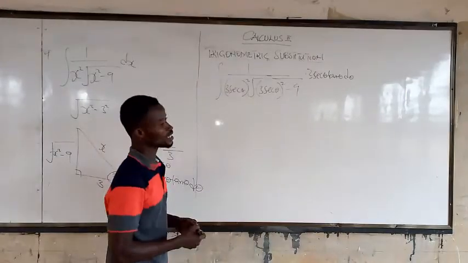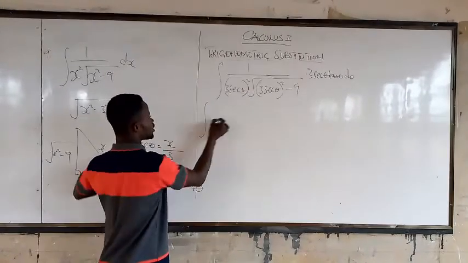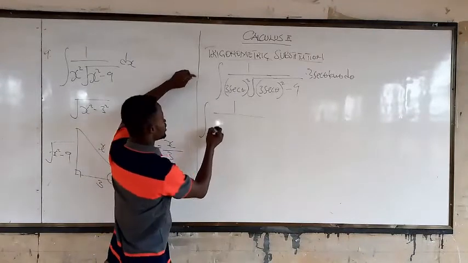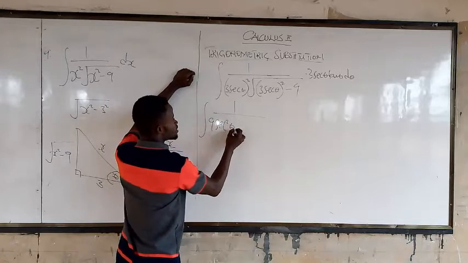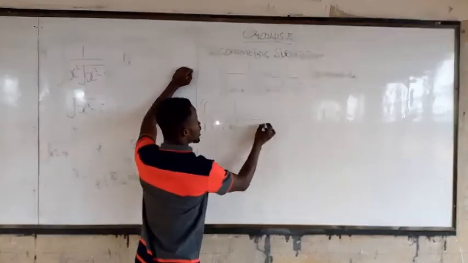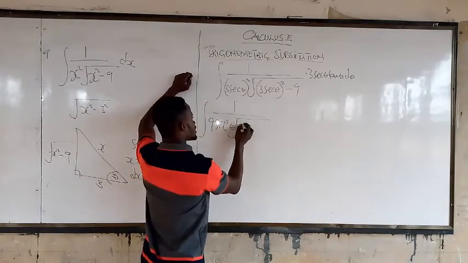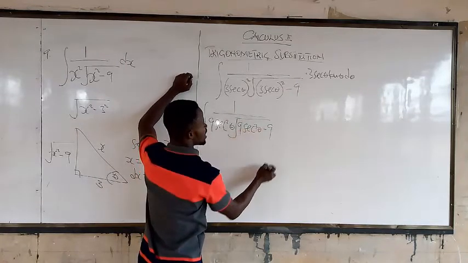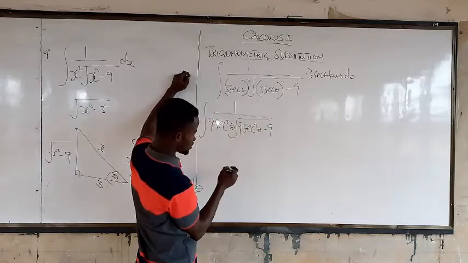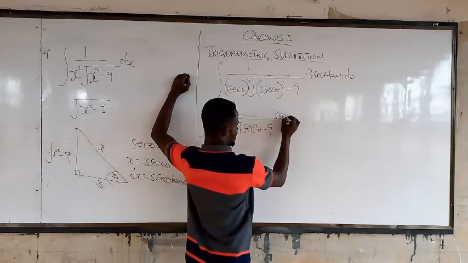Very long, but just simple. It's just helping you, okay? So 1 over here we get 9 sec squared theta, square root of 9 sec squared theta minus 9. Here we get 3 sec theta.